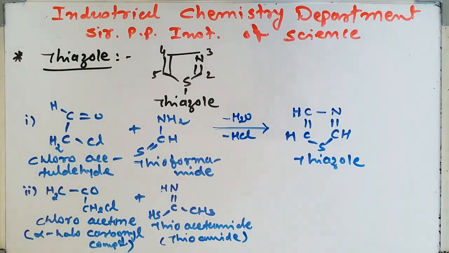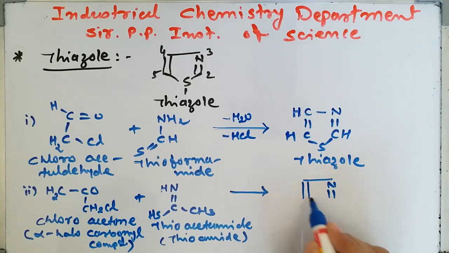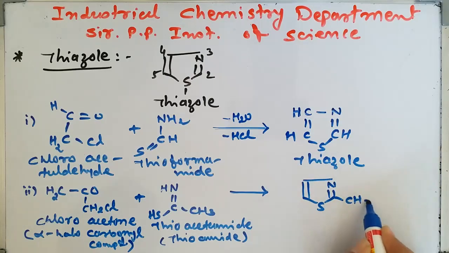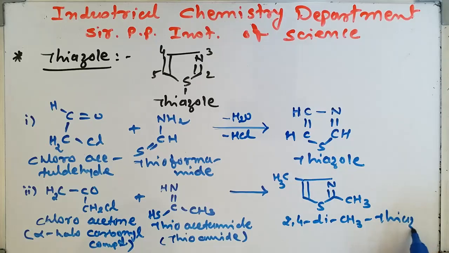So when any alpha-halocarbonyl compound and thioamide interact with each other, we get a derivative of thiazole. For example, when chloroacetone and thioacetamide interact, we get 2,4-dimethylthiazole, with methyl groups at position 2 and position 4.